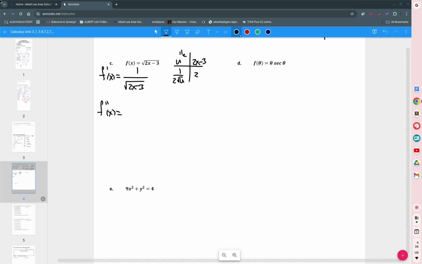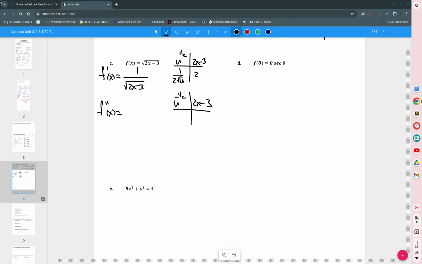I have two options for finding the next derivative. What would be one option? Quotient rule. What would be the other option? The chain rule. Yeah. I like the chain rule instead of the quotient rule. So I will set up u to the negative 1/2 and 2x minus 3. Since the square root's in the denominator, it becomes u to the negative 1/2, and then the 2x minus 3.